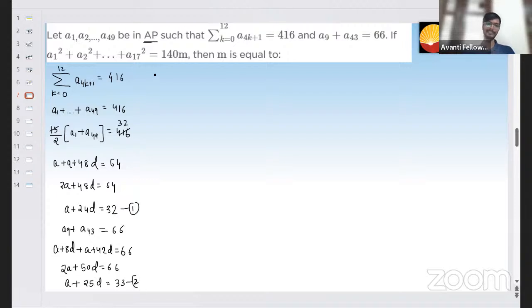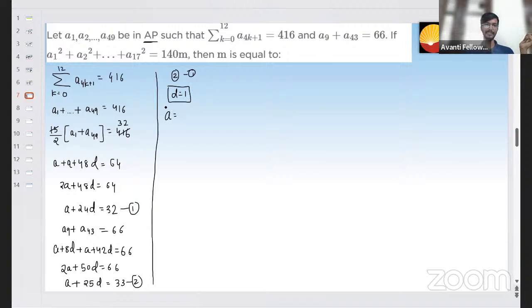This is equation number 2. Now I have to solve 1 and 2 simultaneously. So what I'll do, I'll subtract. If I subtract, 2 minus 1, I'll get D is equal to 1. Superb. I got D equals to 1. So what is A?